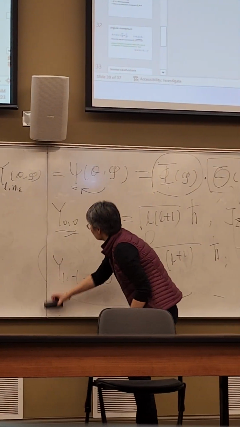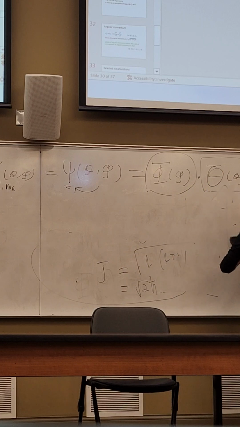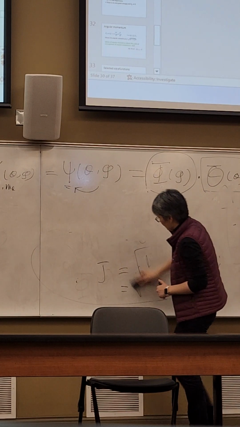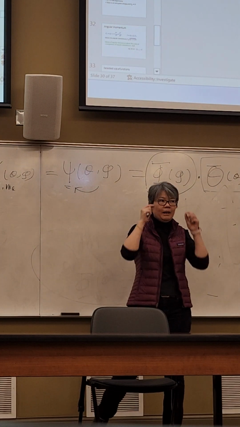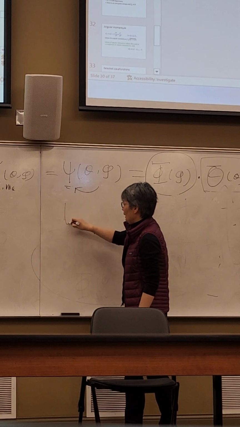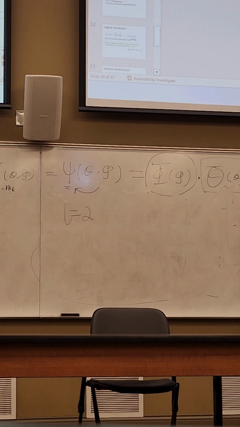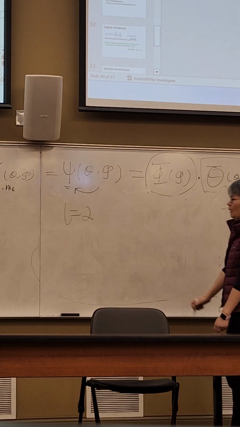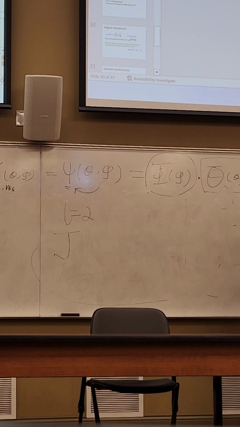One last thing. Okay, so for the quantum state with quantum number L equal to 2, what would be the measurement for the observable J value?